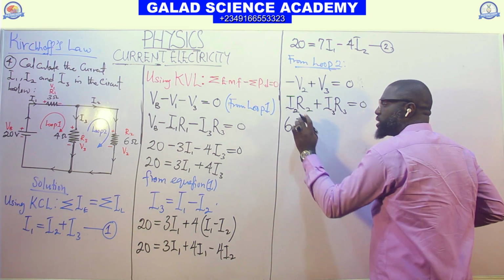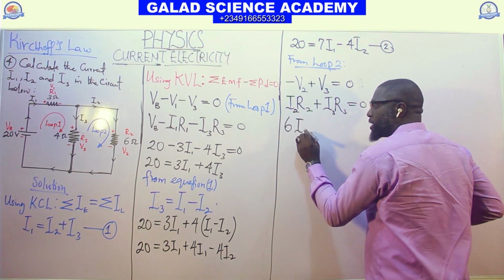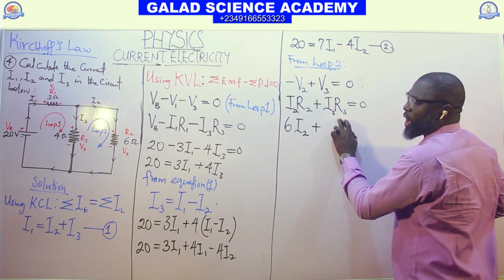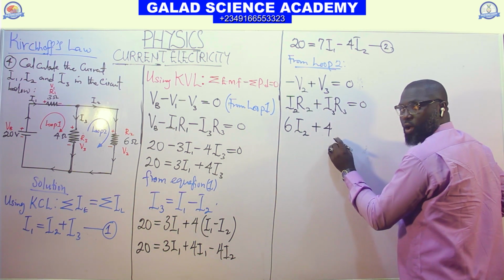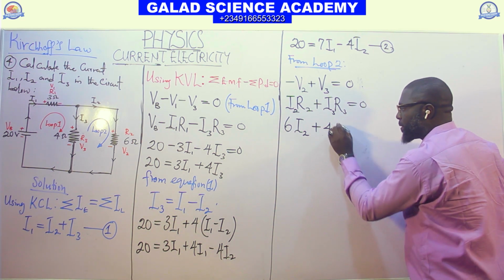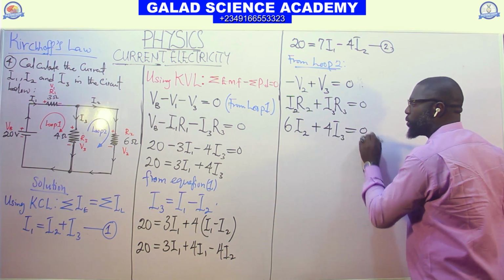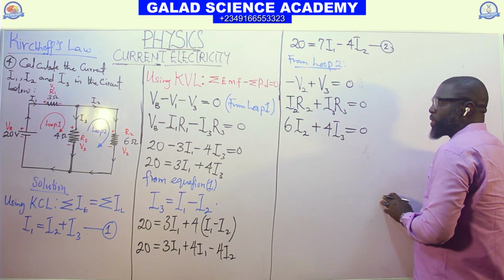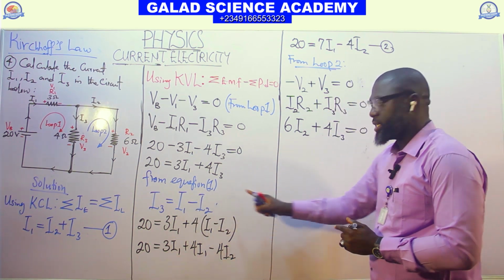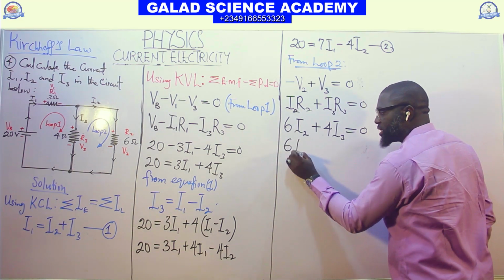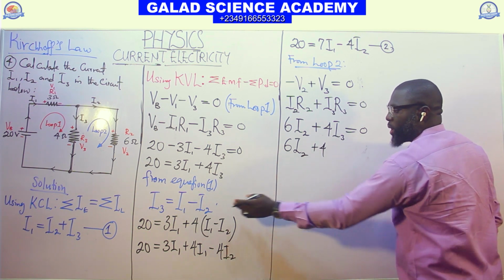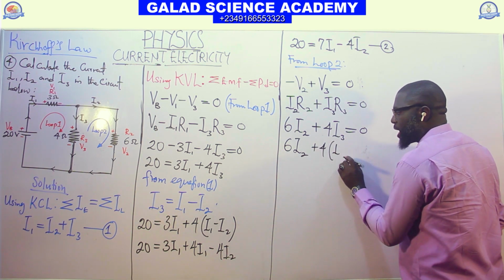So I'm going to have 6I2, then plus R3, which is 4, times I3, equal to 0. But don't forget, what is my I3 here? It is this. Substitute for I3 here, you have 6I2 plus 4. What is I3?